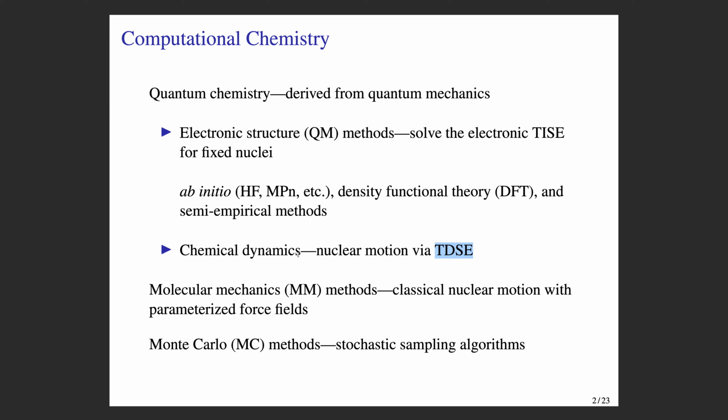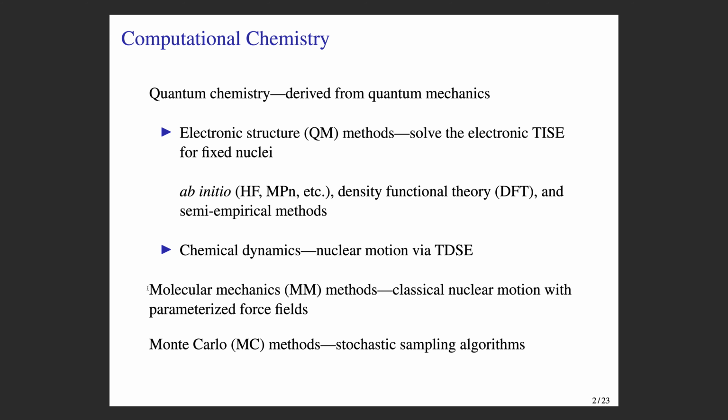So this is a whole other level of calculations where you're treating not only the electrons, you're treating the nuclei as well. I find those very interesting. In fact, I have some background in that from my graduate school and postdoctoral days. But we are going to be focusing exclusively on these electronic structure methods.